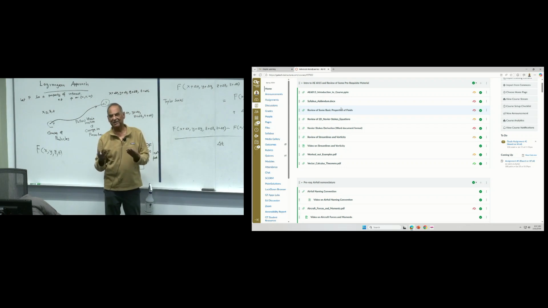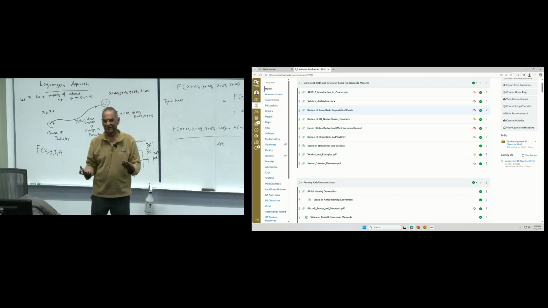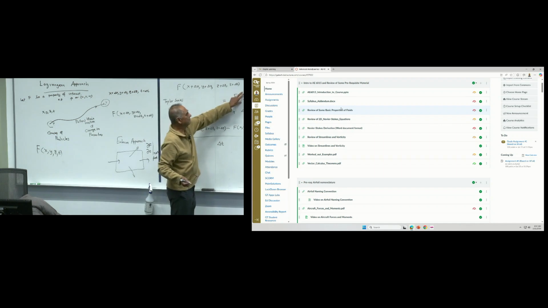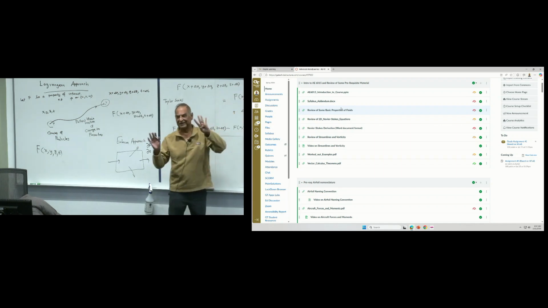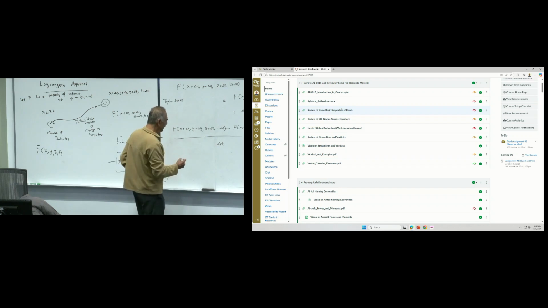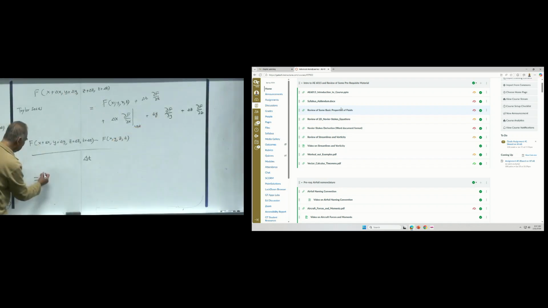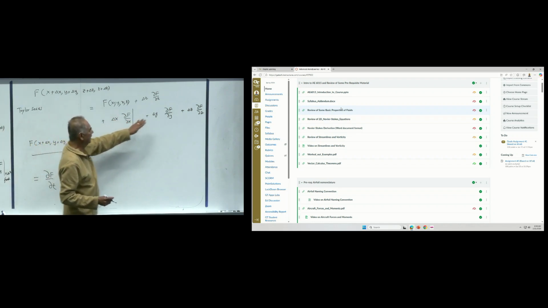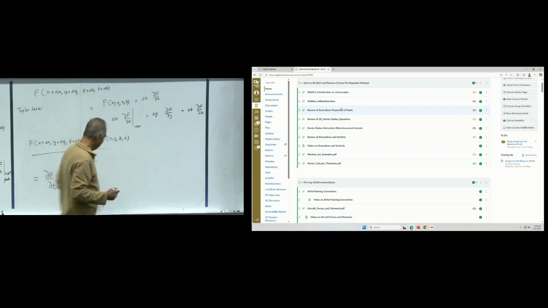We are taking a time derivative, but in a Lagrangian coordinate system. So all I have to do is bring this leading term to the right side and divide everything by delta t. So the leading term is going to be df/dt, which I found here in the Eulerian coordinate system, holding x, y, z fixed. But I will also pick up contributions from this and this and this.